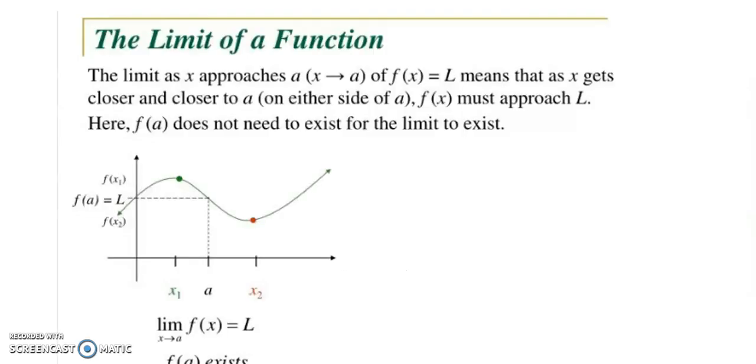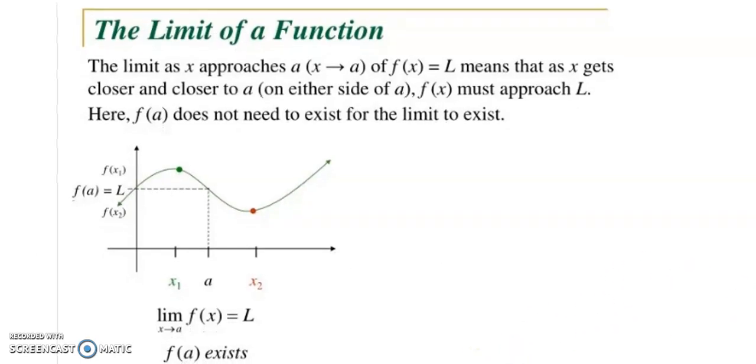Now let's see how the limit of a function is defined in formal terms. The limit as x approaches a of a function f of x is equal to L means that as x gets closer and closer to a from either side, either from the left side or from the right side, this is the right side of a and this is the left side of a, we can say that f of x must approach L. Here f of a does not need to exist for the limit to exist, right?